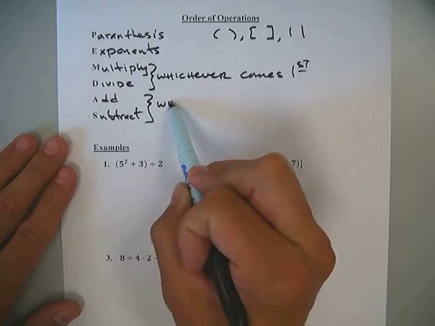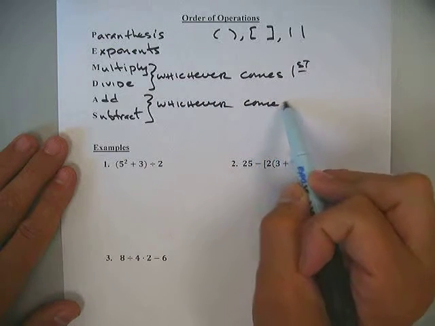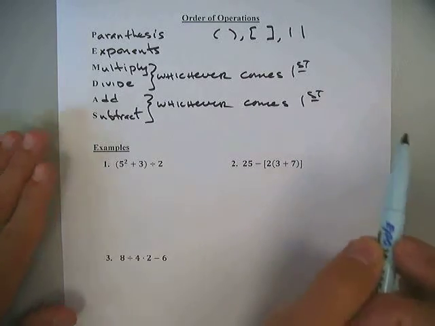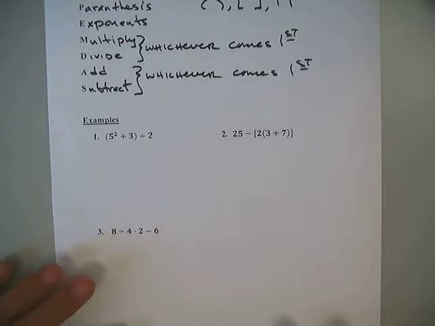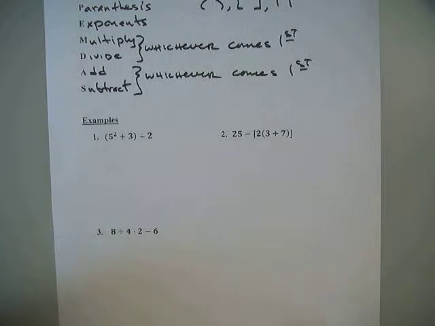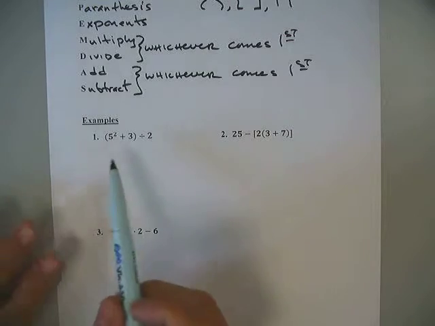And add and subtract follow that same rule. Whichever comes first. Okay, so again, if I come across a problem where there's a subtraction before an addition, I need to do that. And what I mean by coming before it, I mean if you look at it from left to right.